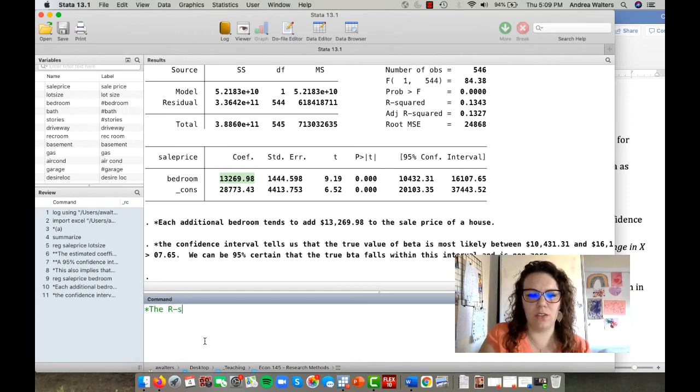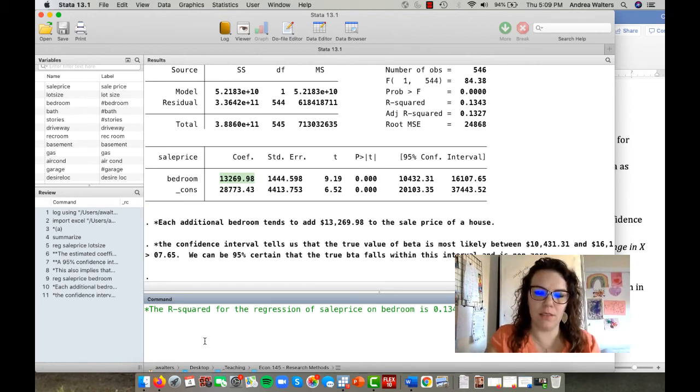The R-squared for the regression of sale price on bedrooms is 0.1343. Excuse me, I apologize.